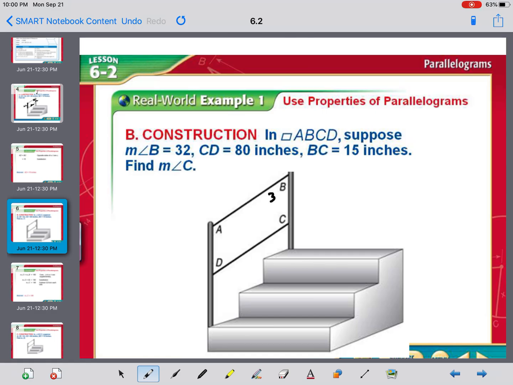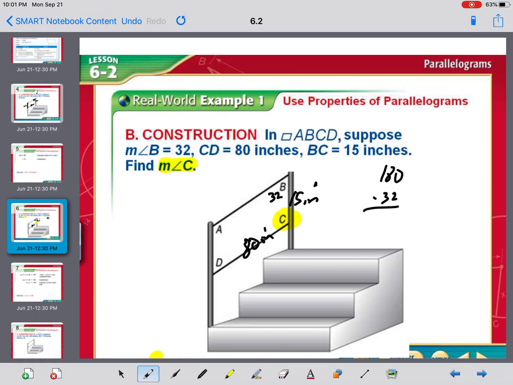But I do have the same setup, and they tell me this is 32. They tell me that this is 80 inches, and they tell me this is 15 inches. And they ask me for angle C. Angle C is here, right? Since angles B and C are consecutive, they're supplementary. They add up to 180.